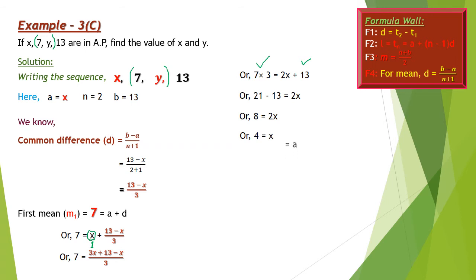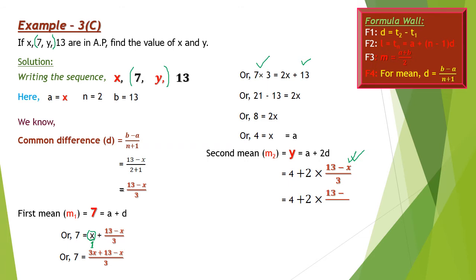So value of x is 4. Second mean, that is m2 is equal to y is equal to a plus 2d. Now value of a is 4 and value of d is 13 minus x by 3. Now we can replace the value of x because that is 4, so 13 minus 4 by 3. 4 plus 2 into 9 by 3.